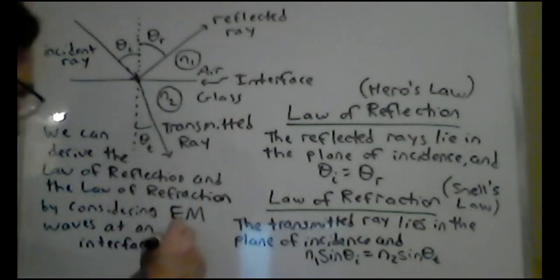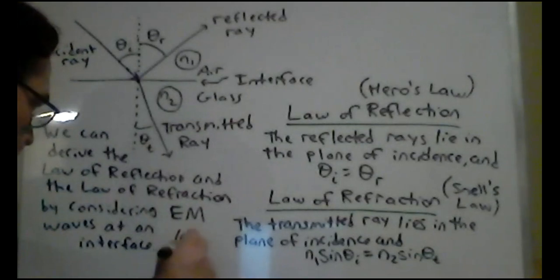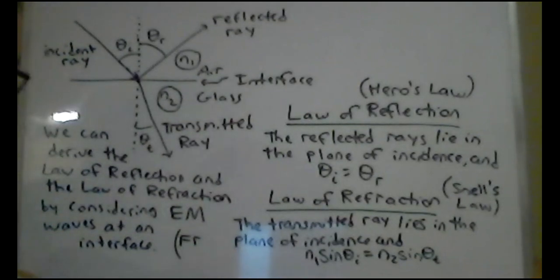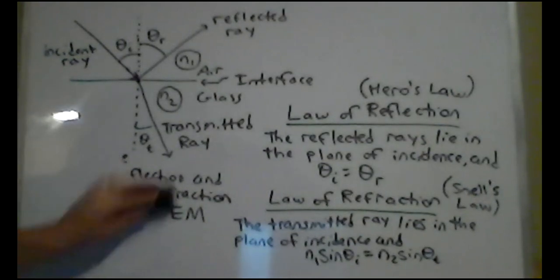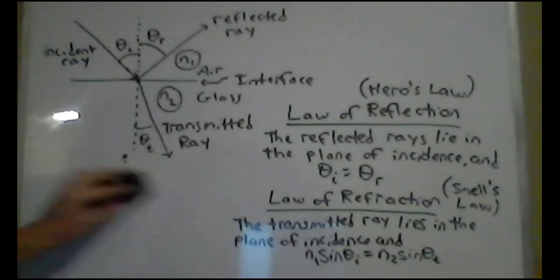We would get what are called Fresnel's equations. So we can go to electromagnetic theory, employ electromagnetic waves, and match them at the interface. And this is where you would derive what are called Fresnel's equations.